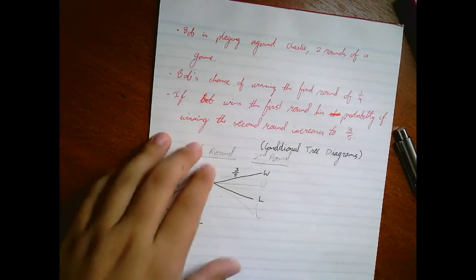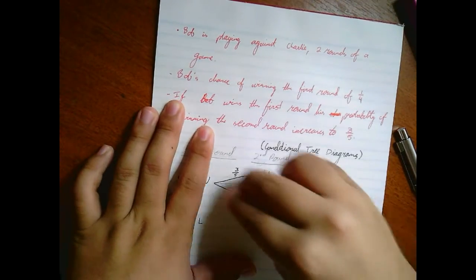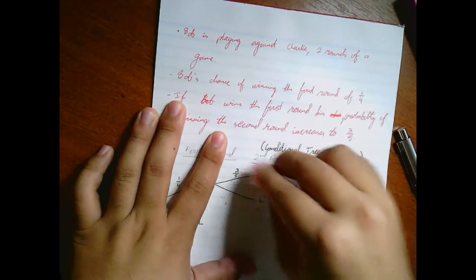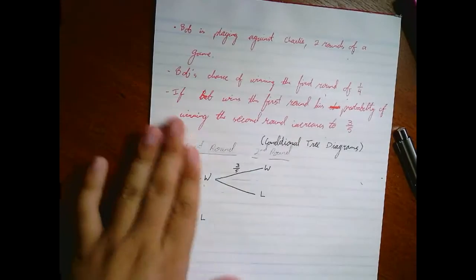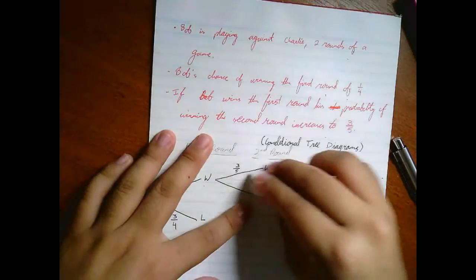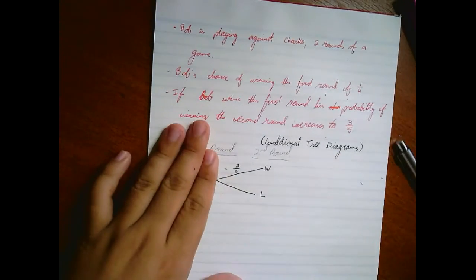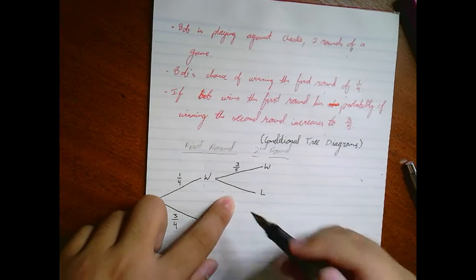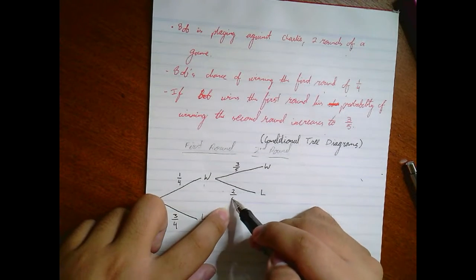But again, that would look far too large and too messy. So instead we create this, a conditional tree diagram. So again, if that was 3/5, this one here must be 2/5.